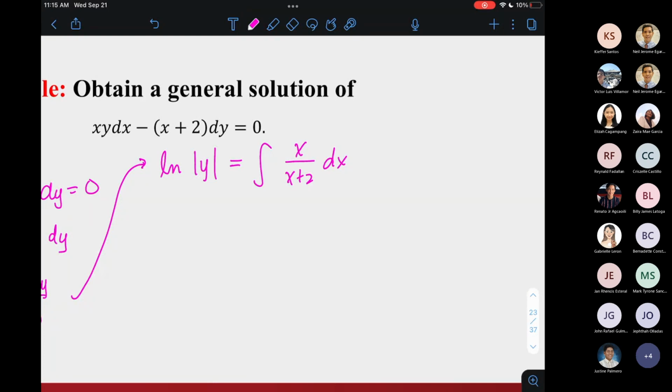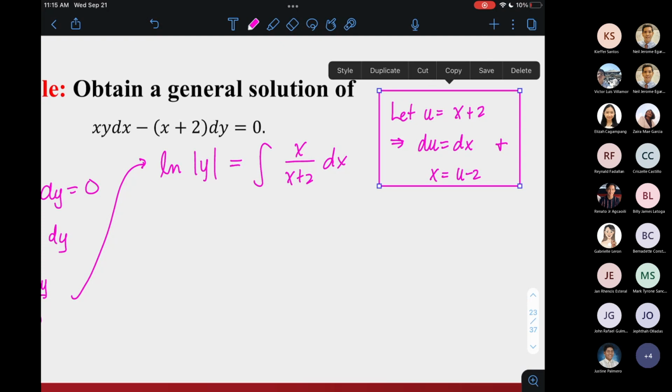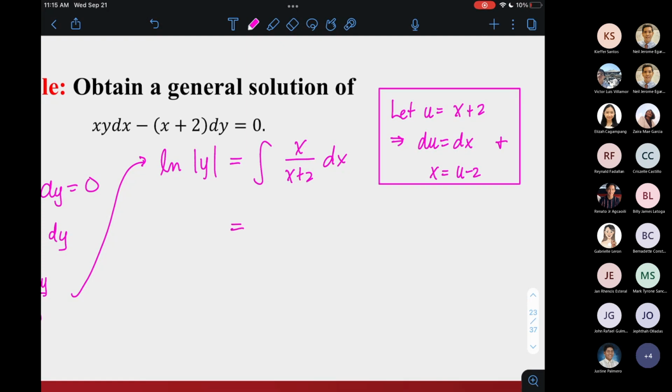Well, I guess we need not be fancy about it. I can just let u to be equal to x plus 2. That means du will be replaced by dx, and x will be replaced by u minus 2. So you can box the substitution statement that you used para lang alam ko na ito yung substitution na ginamit nyo. Alright. And then let's implement that substitution.